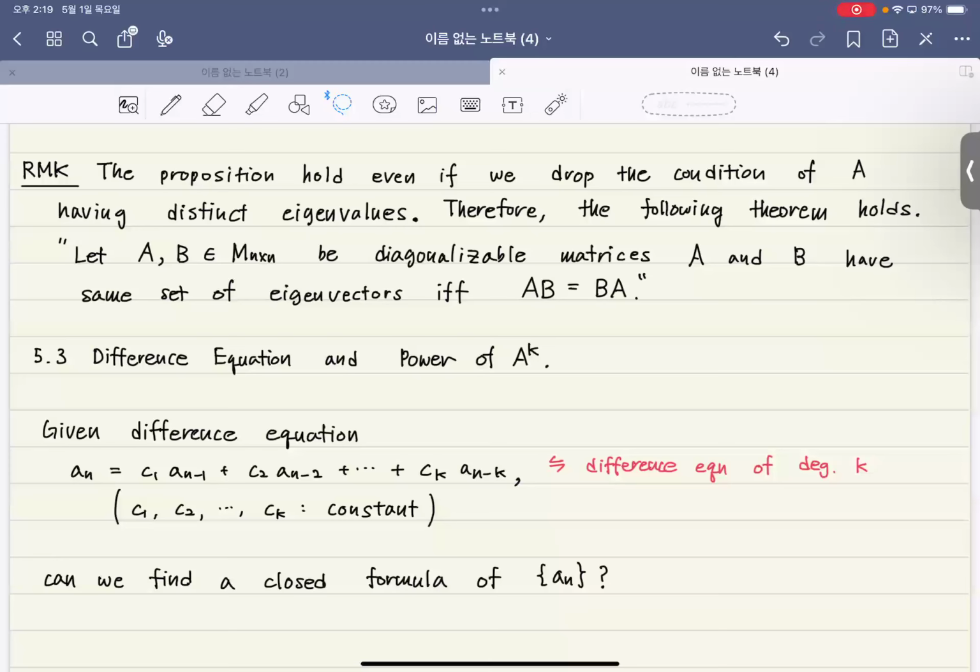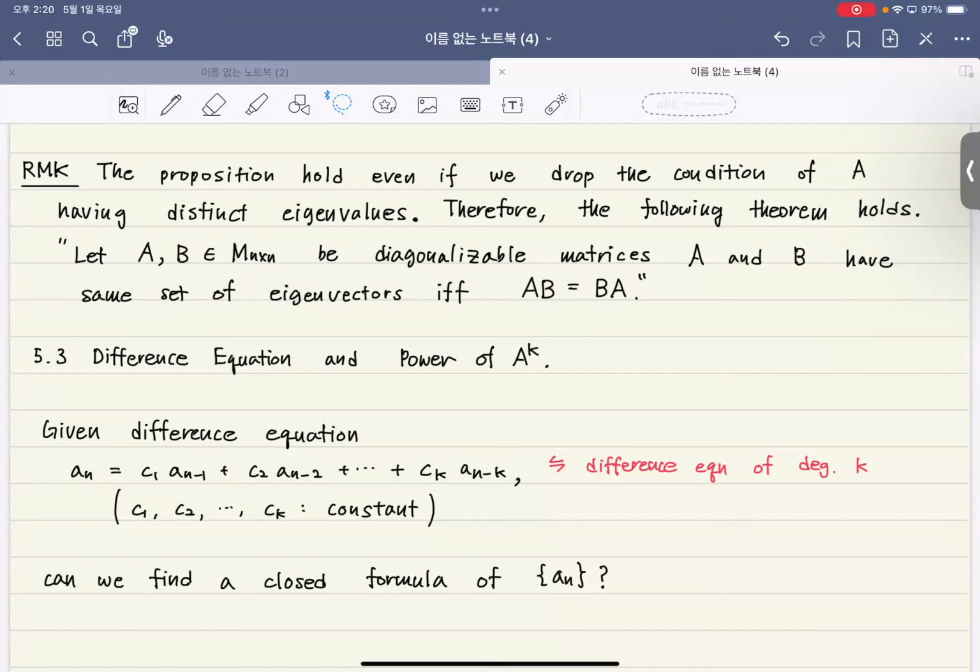Of course, you cannot find the closed formula by using this information only. In order to find the closed formula, you will also need to know some initial terms. Since a_n depends on a_{n-1} through a_{n-k}, in order to completely determine a_n, you will need to know a_0, a_1, a_2, up to a_{k-1}.